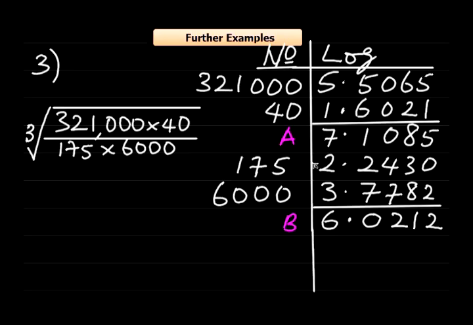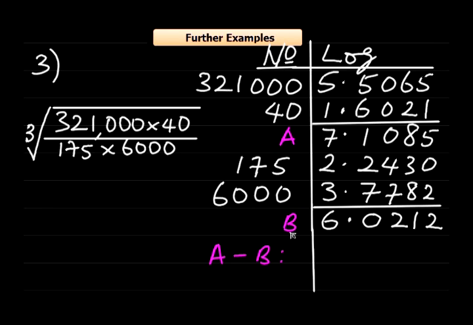The answer for the whole of our denominator is B. These two values here gave us this B. Then we subtract the log of the denominator from the log of the numerator. So I can write A minus B. That will be the answer here.